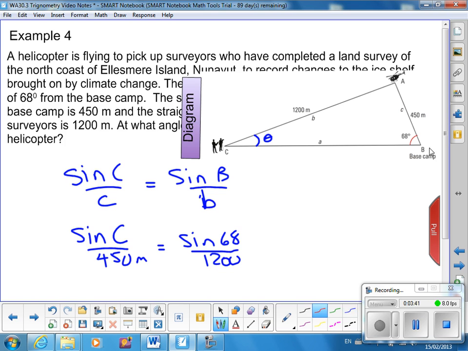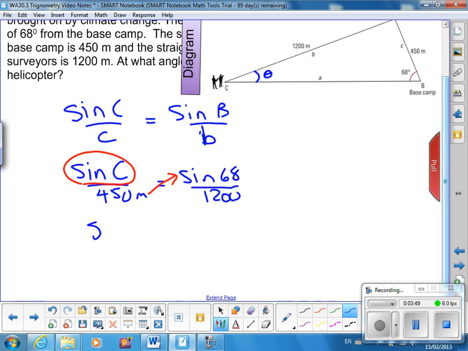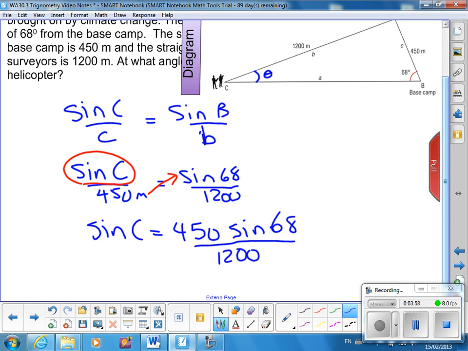Again, we're going to cross multiply, but because I want this variable value to be on its own, I'm just going to multiply these two. Sine of C equals 450 sine 68 over 1,200. So you're going to take your calculator, 450 times sine of 68 divided by 1,200.